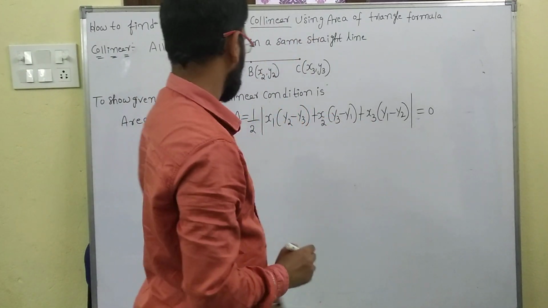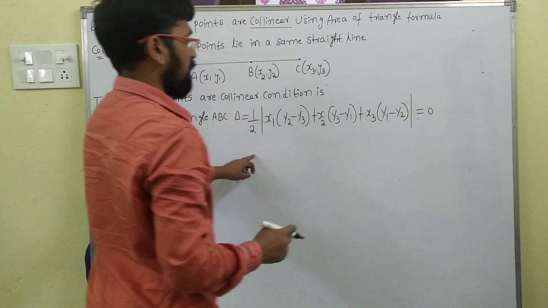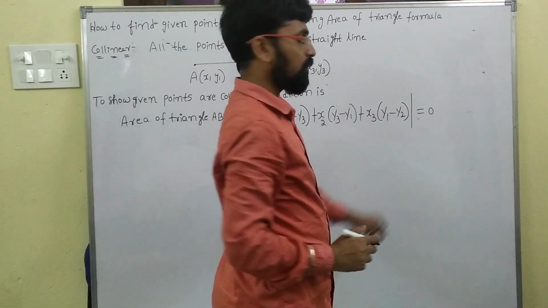Then it is called collinear. The condition for collinearity is that the area of triangle must be equal to 0. Are you ready?